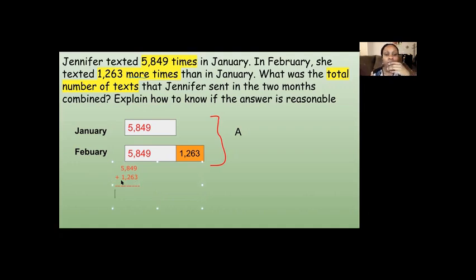So the answer is what? 9 plus 3 is 12, right? 4 plus 6 is 10 plus 1 is 11. 8 plus 2 is 10, plus 1 is 11, comma, 6.